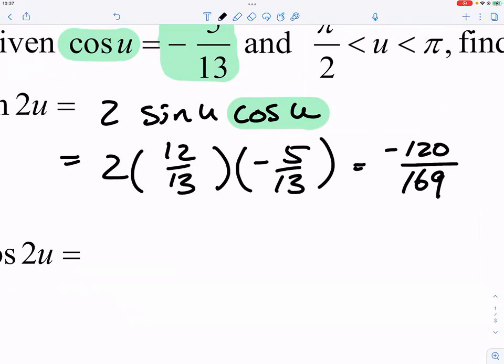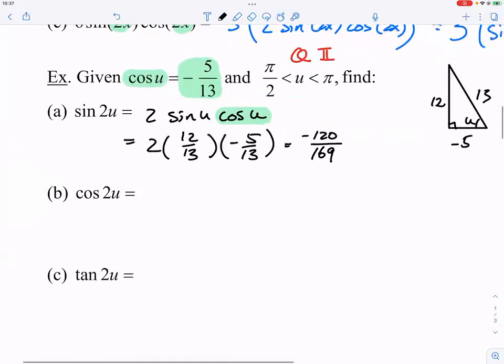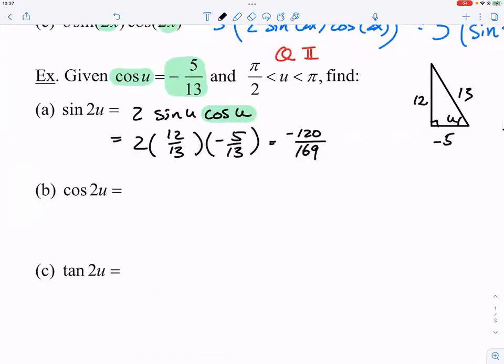Now, chances are you don't have to worry about simplifying the fraction, because if you couldn't simplify anything earlier, that means there's nothing for you to simplify afterwards. So now go ahead, try out part B and part C using the identities above.